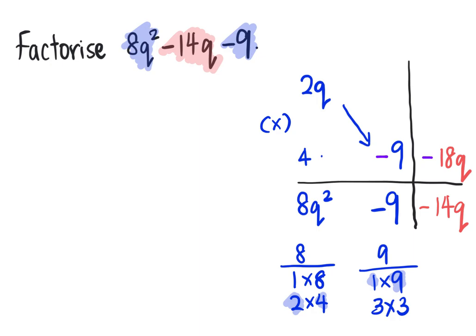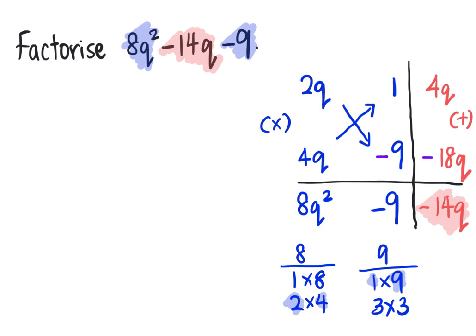And if I have a 4q here, multiplied by 1, that will give me 4q. And when I add 4 with negative 18, it does give me back my negative 14q.